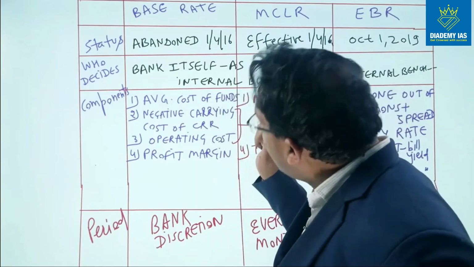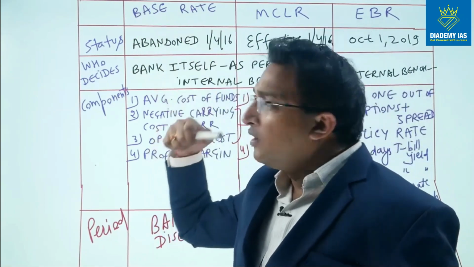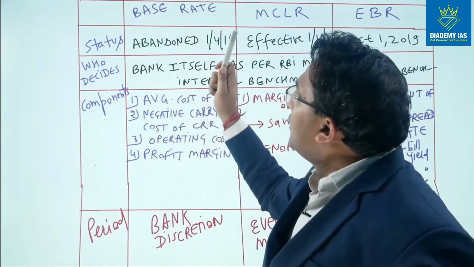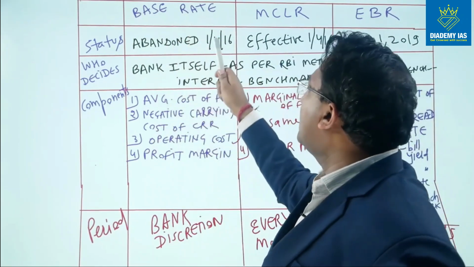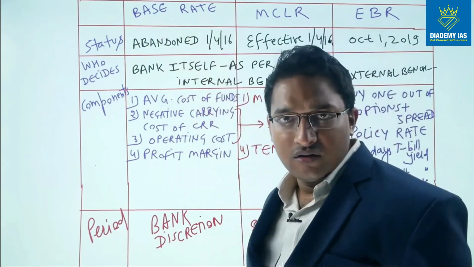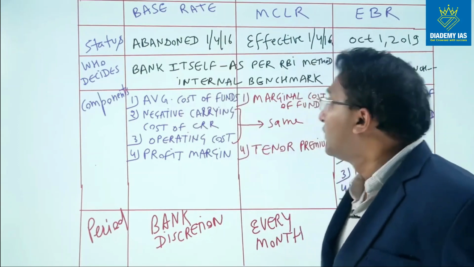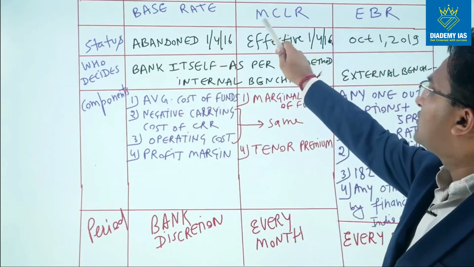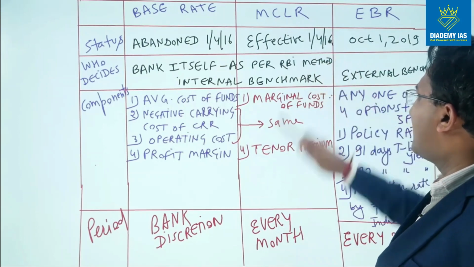Now, first of all, what is the status as of now? As of now, base rate is no longer applicable. It was abandoned in April 2016. MCLR, marginal cost of lending rate, is in effect from 1st of April 2016.